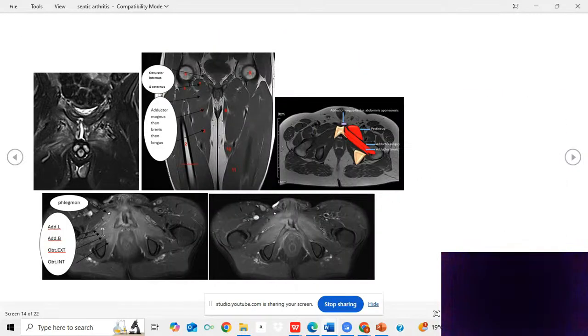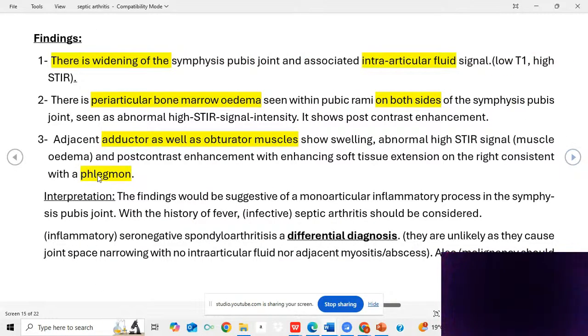So here adjacent muscle edema, swelling, high STIR signal, post-contrast enhancement, as well as enhancing soft tissue extension indicating phlegmon, are all signs of early septic arthritis.